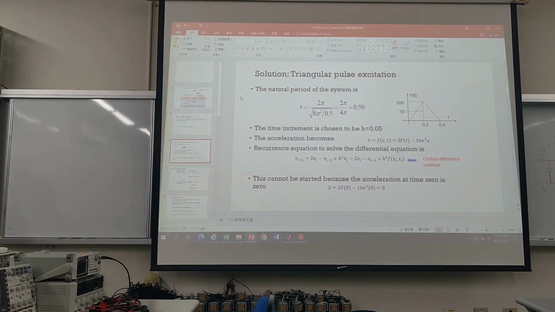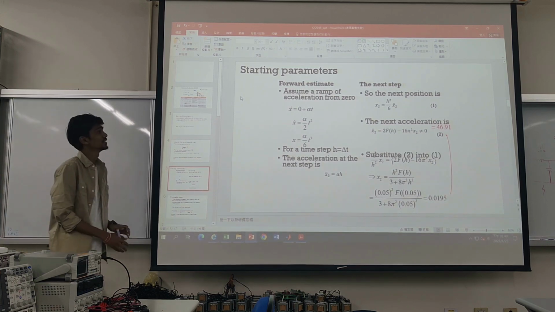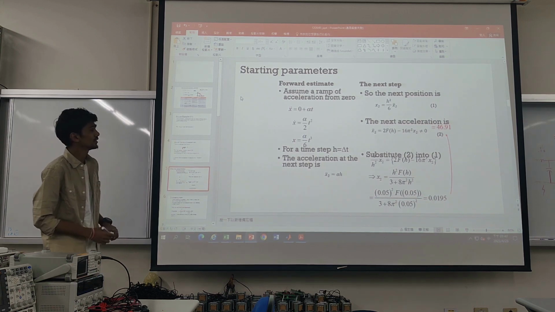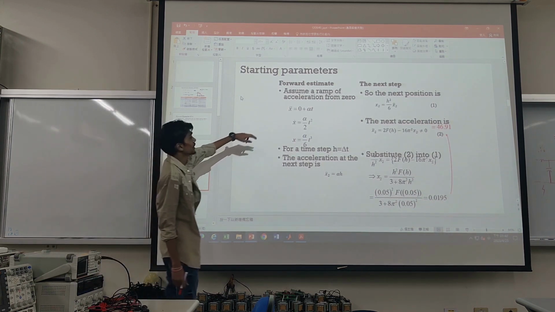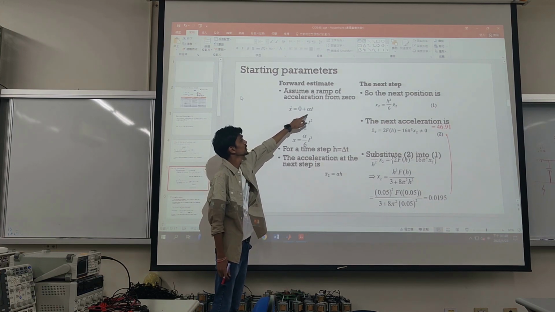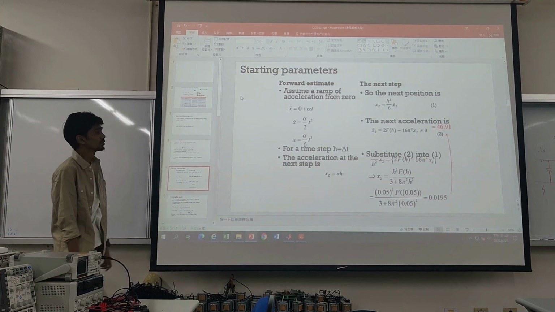But at time t is equal to 0, we have to assume the acceleration term, assuming the acceleration from 0 by the equation x double dot is equal to 0 plus alpha t.